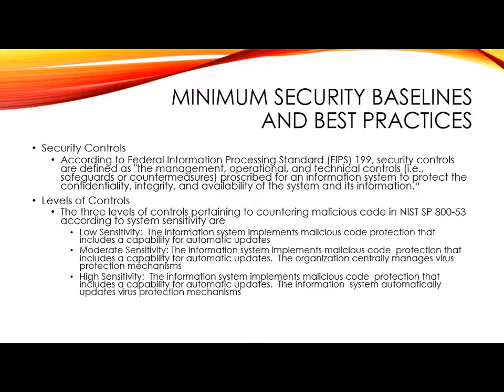Moderate security: not only do I have that, but I add in that the organization essentially manages virus protection and takes a more active approach. Then my high level, which is what Brandon really likes, is not only do we protect it from that and do automatic updates and manage it, the information system automatically updates itself. So we're not waiting on a human interaction, it will automatically do it itself.